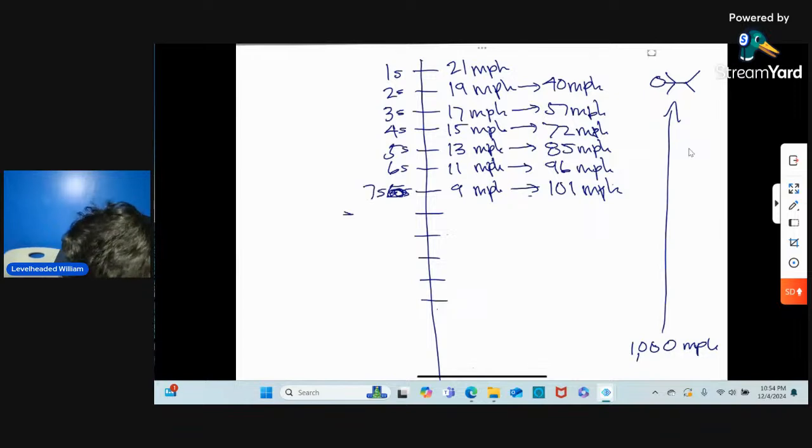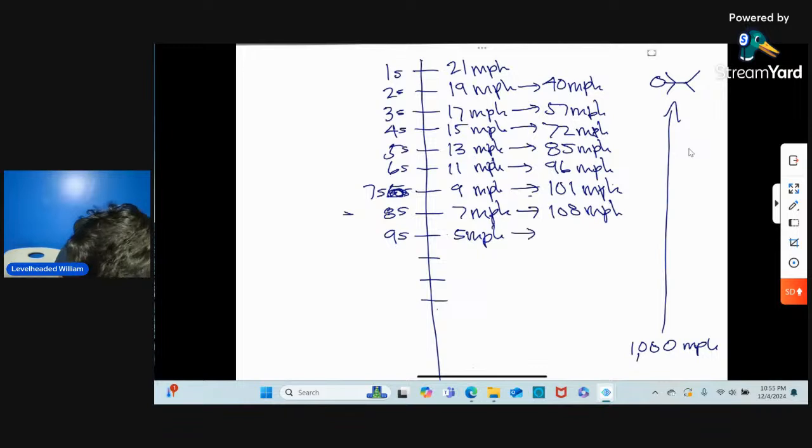7 seconds. In 8 seconds, 7 mile per hour deceleration. It'll be 108 miles per hour. Again, 9 seconds. It'll be a 5 mile per hour, which will be 103 miles per hour.